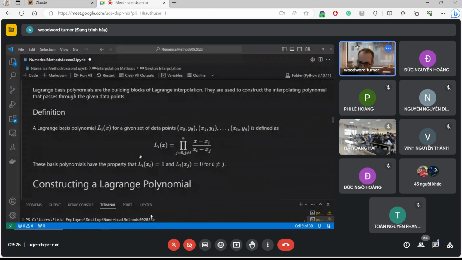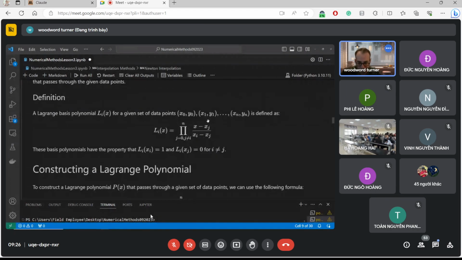And when I plug in xj, whenever i is not equal to j, the result is 0, because the numerator is 0. So it has this really interesting property, and it's like a basis. If you remember from your linear algebra class, the basis vectors of R2, R3, R4, or whatever are just vectors that have zeros everywhere and 1 in one place. So it's following this sort of idea. This is a pretty important thing to know.